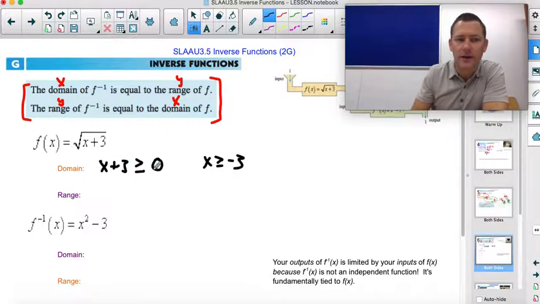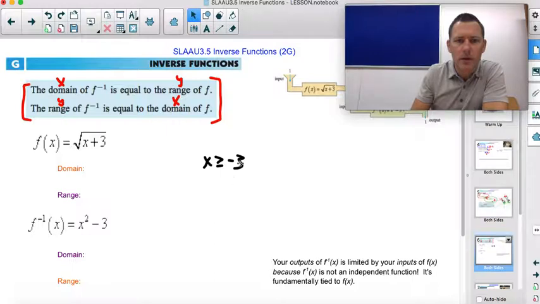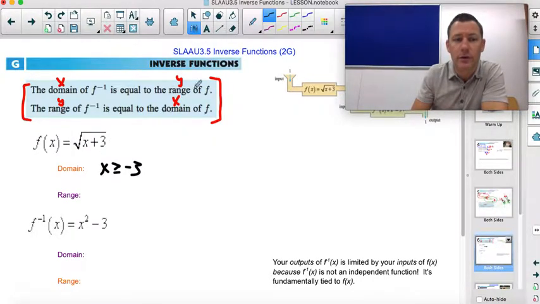If -3 is the smallest thing you can put in, then 0 is the smallest thing you'll get, since the square root of 0 is 0, and you'll get only things bigger than that. So the y's are going to be greater than or equal to 0.